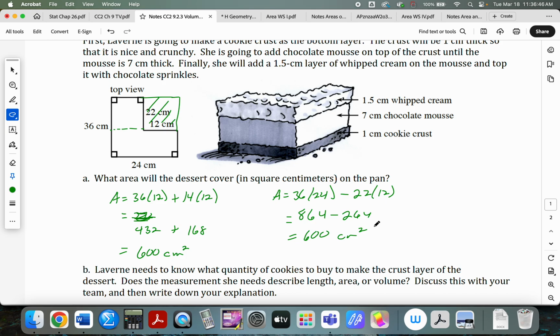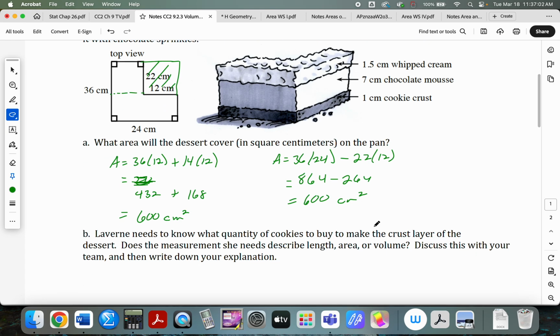So is there a question? Okay. All right, so Laverne needs to know what quantity of cookies to buy to make the crust layer of the dessert. Does the measurement she needs describe length, area, or volume? Which is it? It's volume.